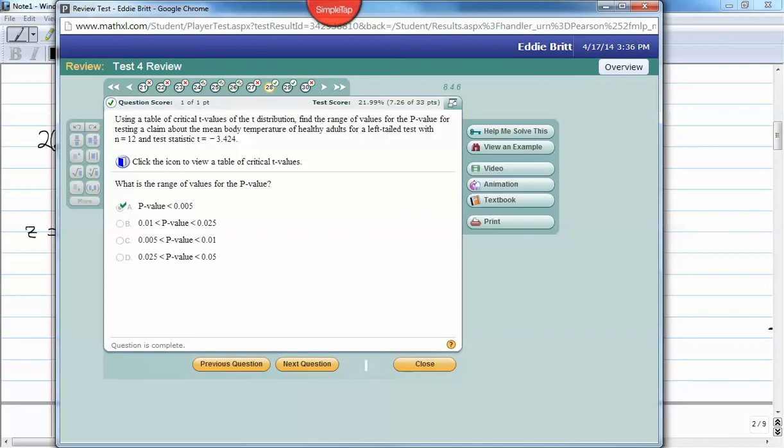All right, using a table of critical t-values of the t-distribution, find the range of values for the p-value for testing a claim about a mean body temperature of healthy adults for a left-tailed test with n equals 12 and test statistic t equals negative 3.424.